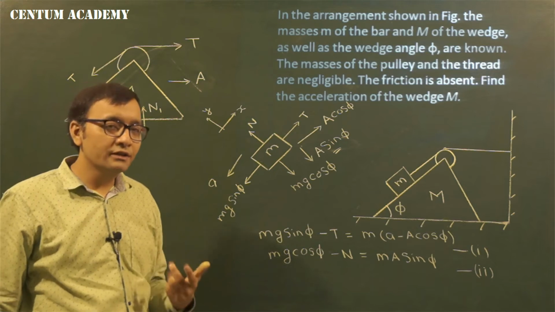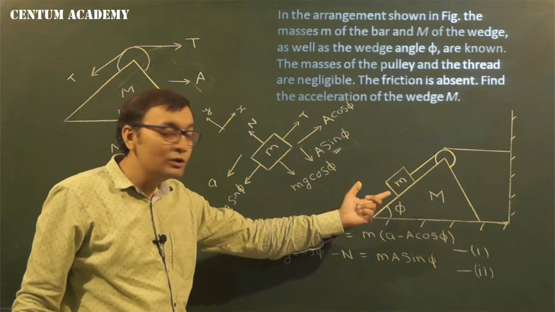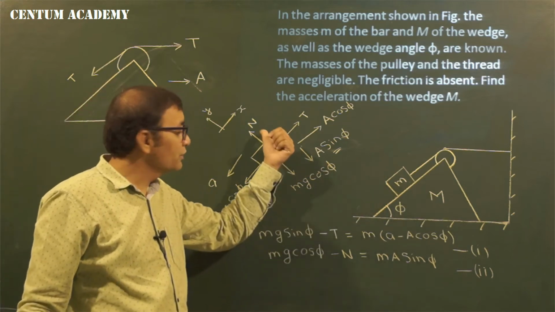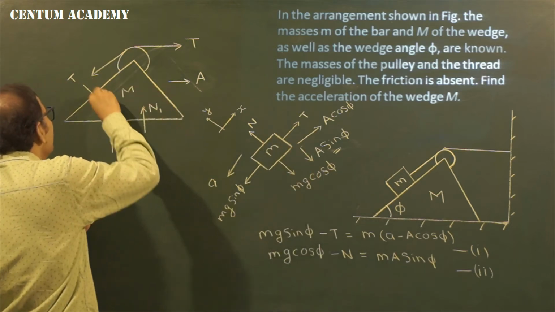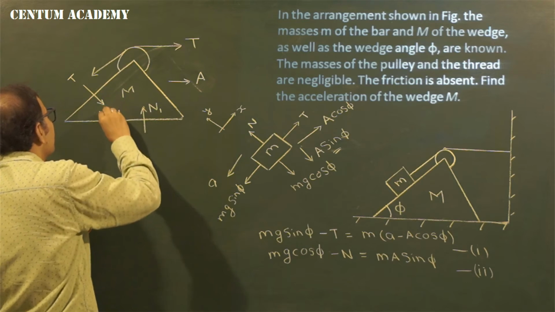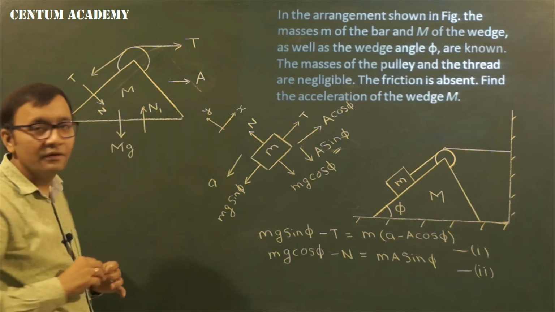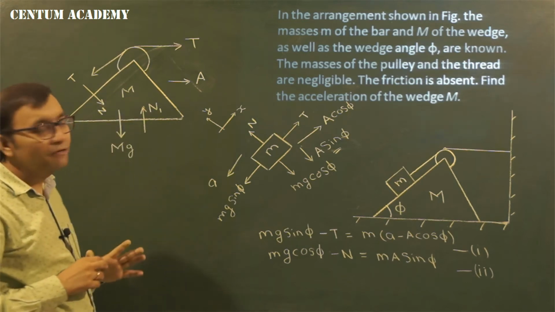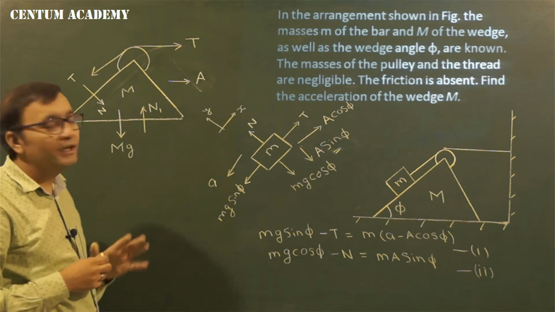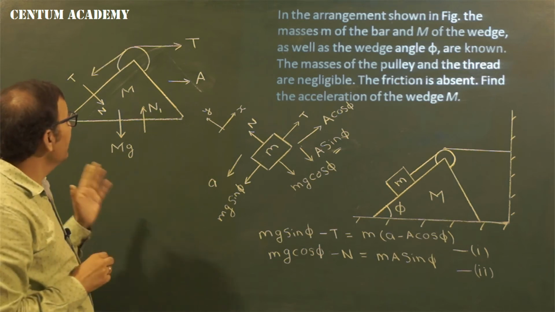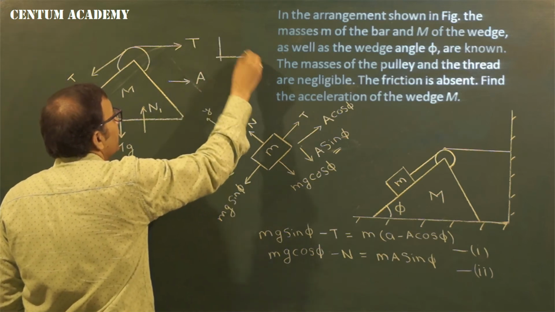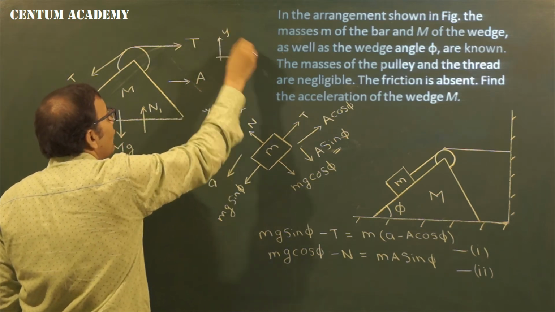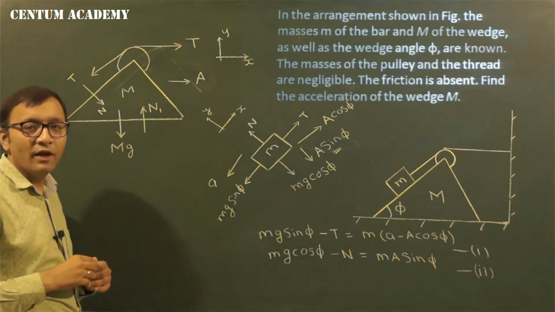So according to Newton's third law, small m also exerts the same force, a normal reaction, in the opposite direction. So there will be a normal reaction like this, that is N. Okay, so these are the forces and acceleration on capital M. So let us write down the equation of motion for this along x and along y axis.